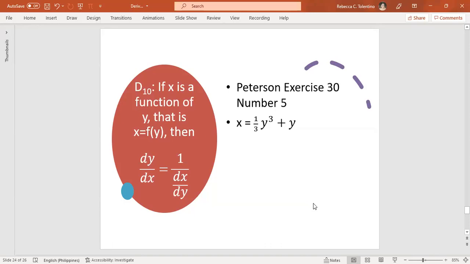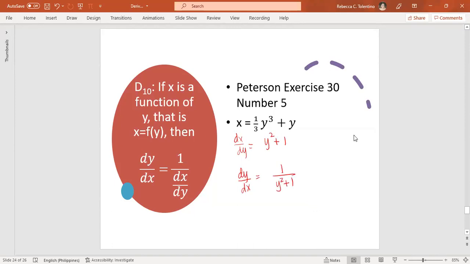So what we need to do is to get dx over dy. So the derivative of 1/3 y cubed is 3 times 1/3, which is going to be 1, so that's y squared, plus the derivative of y with respect to y, which is 1. So that our dy over dx is 1 over y squared plus 1.